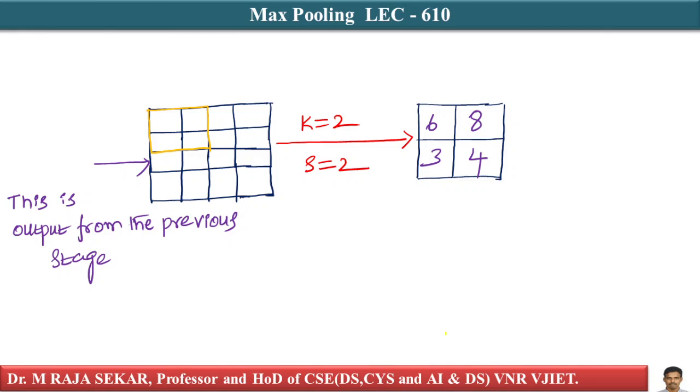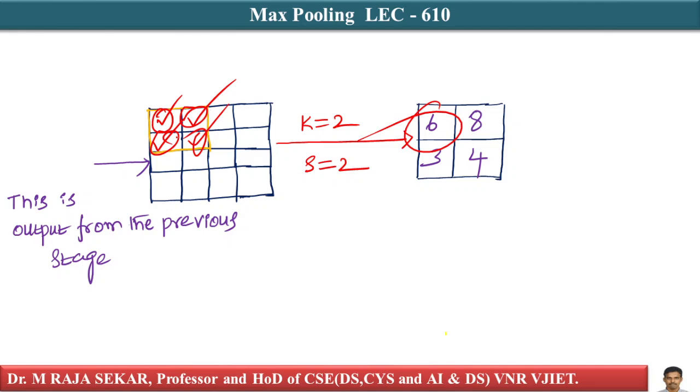Whether the edge is in this pixel, whether the edge is in this pixel, whether the edge is in this pixel, whether the edge is in this pixel, we are taking the maximum value among all 4 of them. Now this value becomes 6, as the maximum value, which will be higher. Whether the edge is present in this pixel or this pixel, your maximum value is 6. That's what it says.